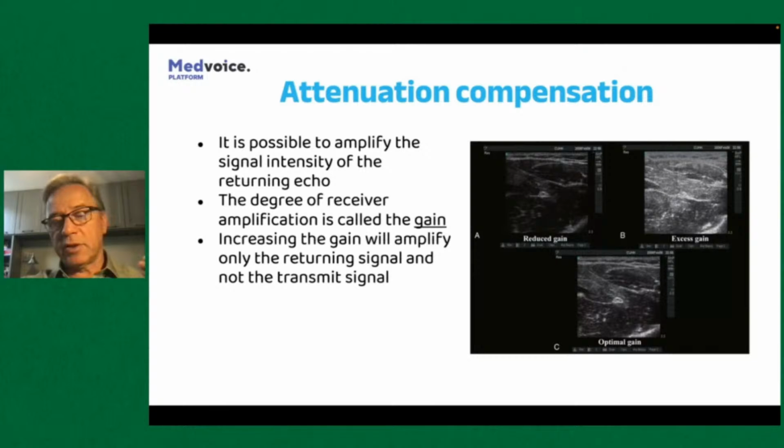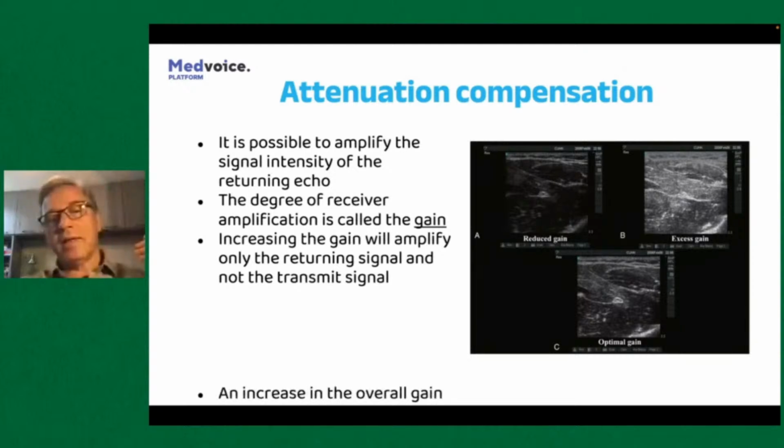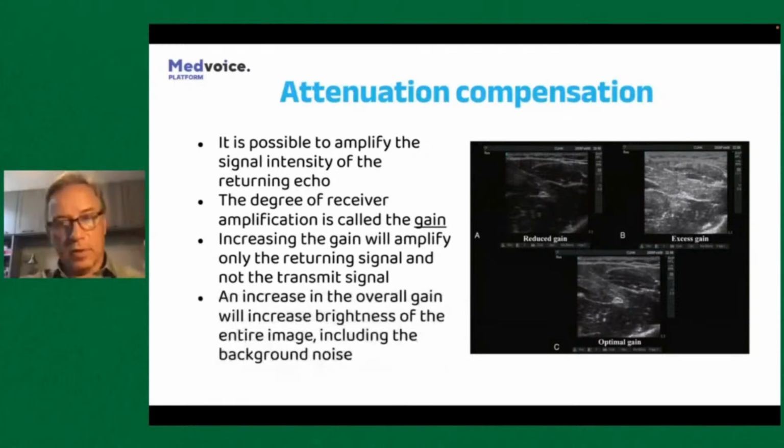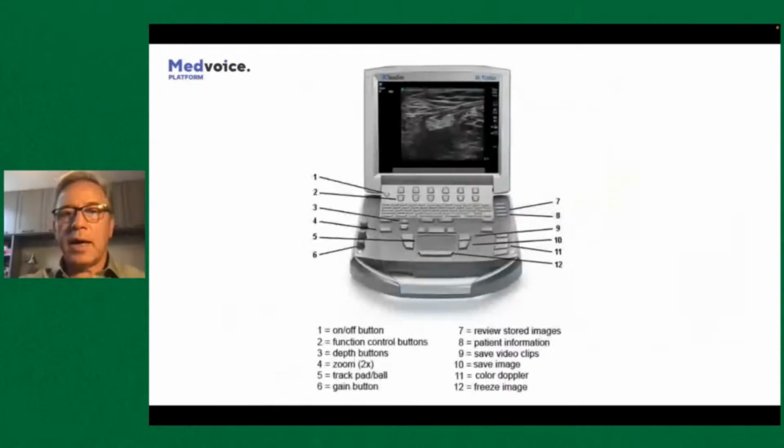Only the echo will be amplified, and that increase of the overall gain will increase the brightness of the entire image, including the background noise. On the machine, number 6 here is the gain button. All you have to do is turn this button if you want to increase the gain, the receiving signal, the echo, and you will start seeing structures better.